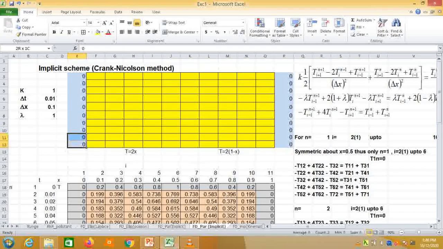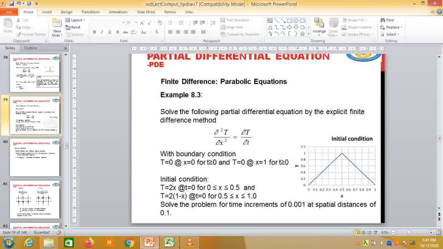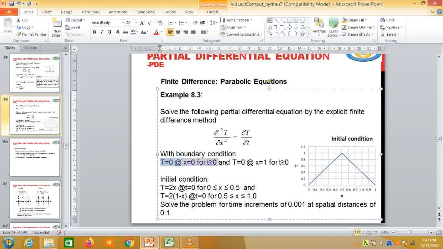And at x equal to 1, the value of t is 0 again. That's already given. At the boundary condition, t is equal to 0 at x equal to 0, and at x equal to 1, t is going to be 0 here.